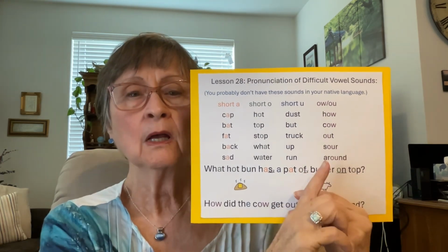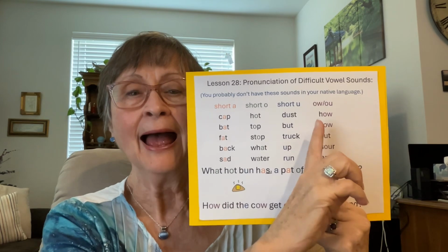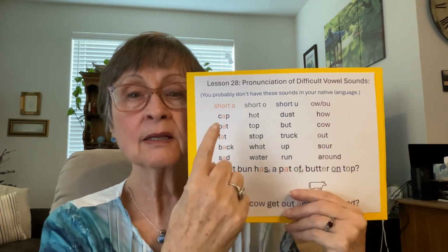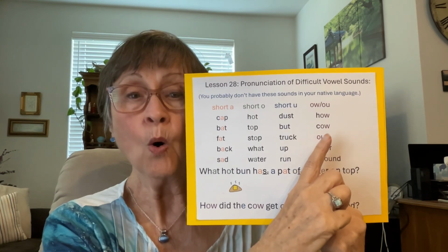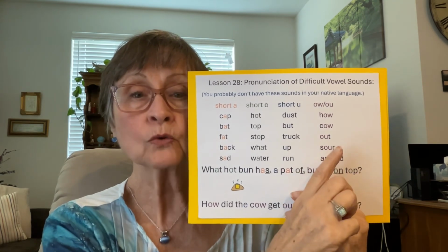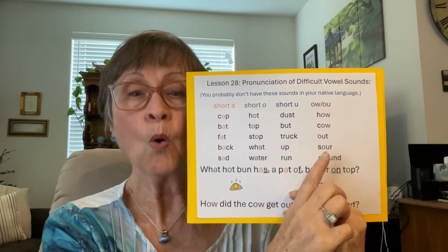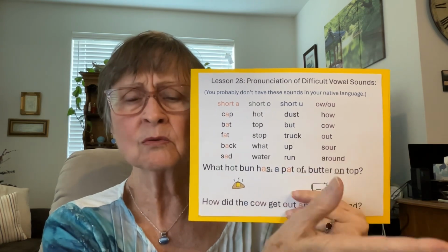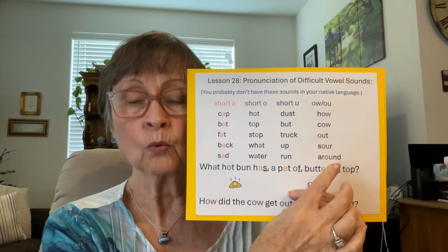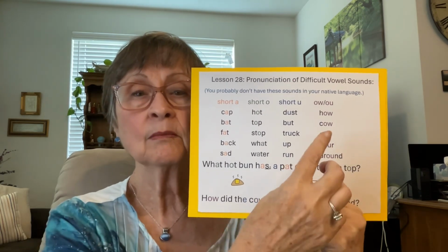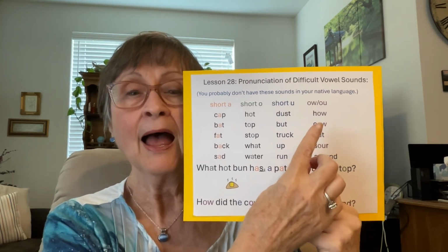So if we say these words, it's how, like this A, how, cow, out, sour. Remember that R always gets its own sound. Sour, around. Say them after me now.